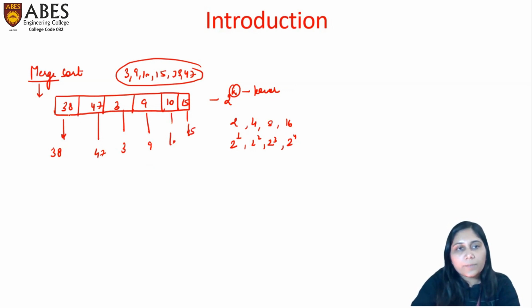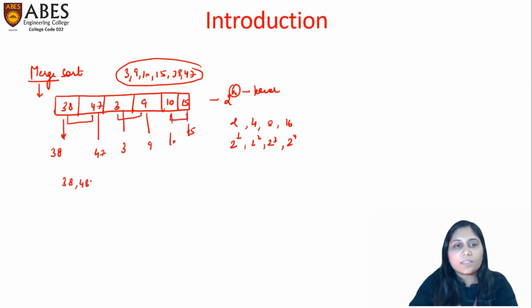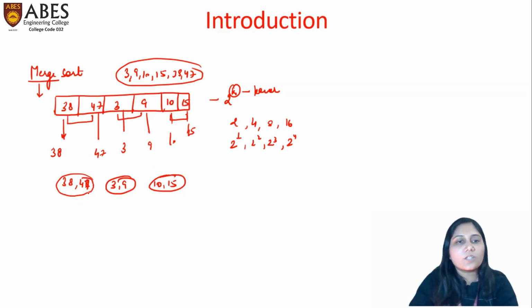What we are going to do is divide our entire array into pairs like this. This is one pair, this is another pair, this is another pair. So I will have 38 and 47 as one pair, 3 and 9 as another pair, and 10 and 15 as another. It might be that these two elements are not arranged in order, so they will first get arranged into an order.